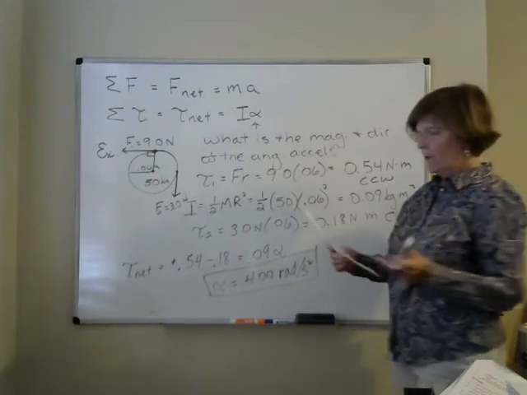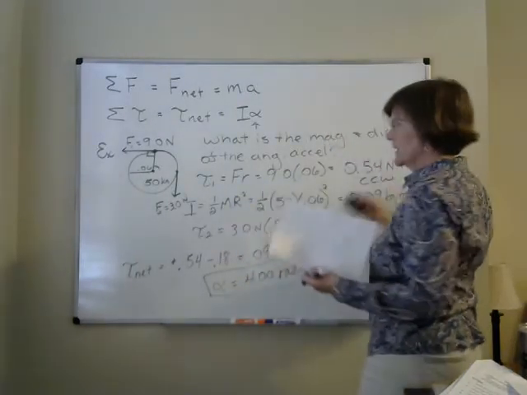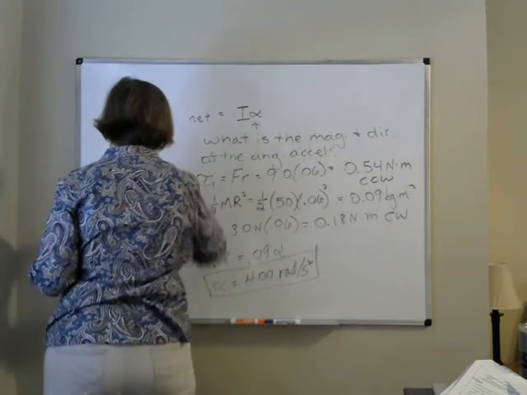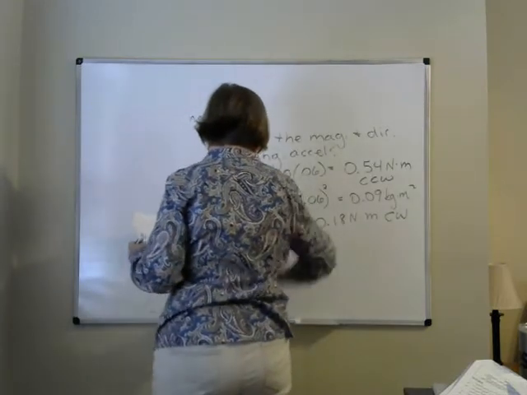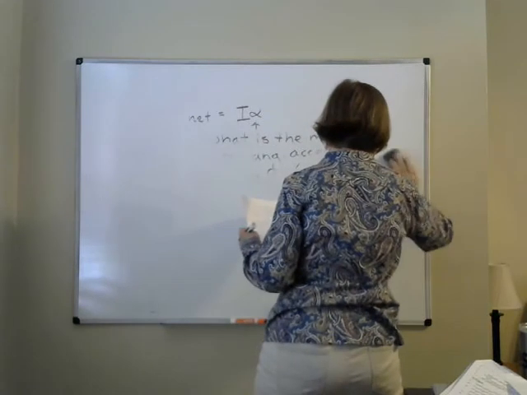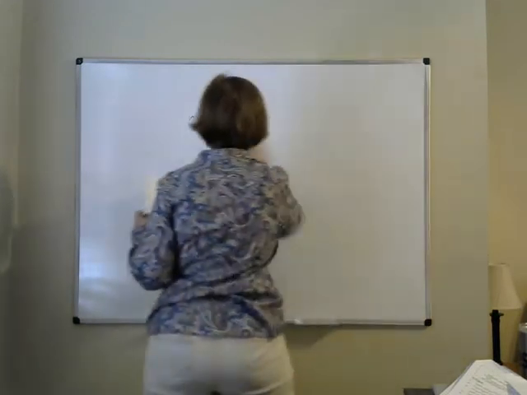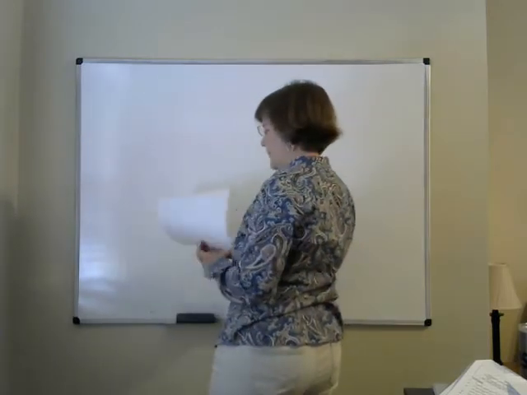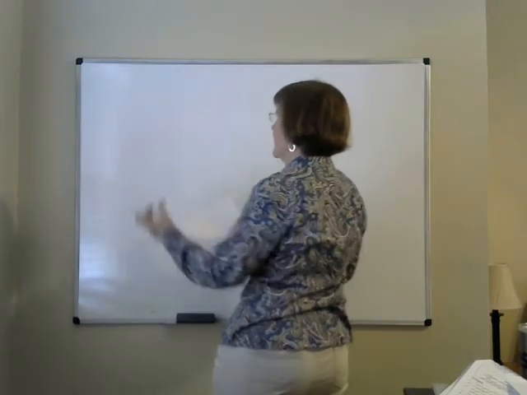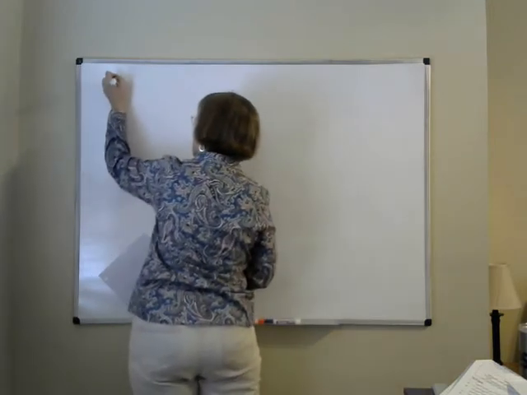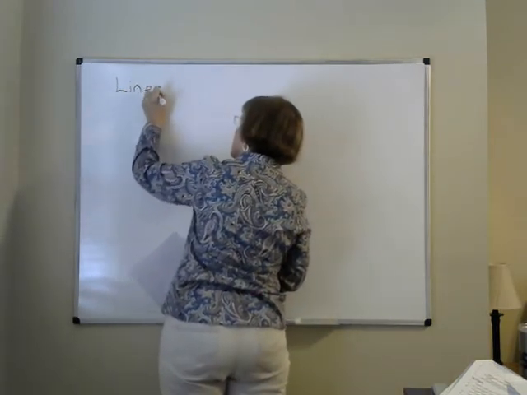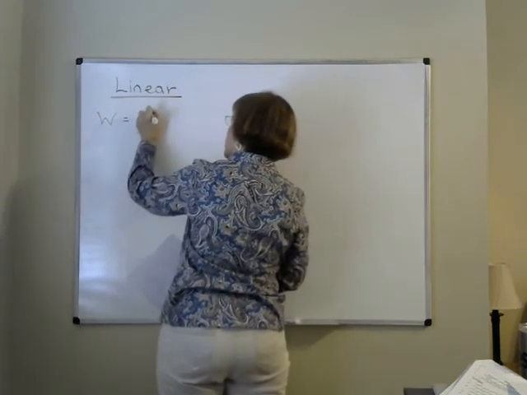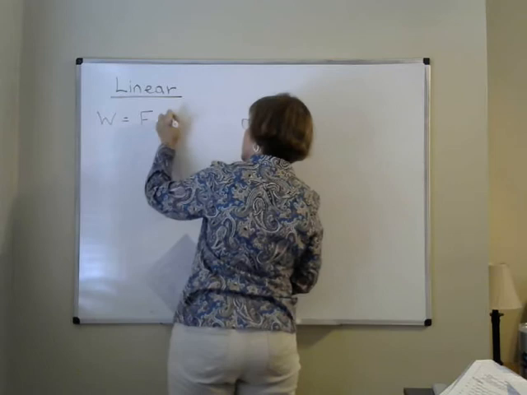Okay, so we have one more idea we want to talk about in this video, and that's the idea of work and power. Let's go back to what we know about linear work. Linear work is a force times a displacement.